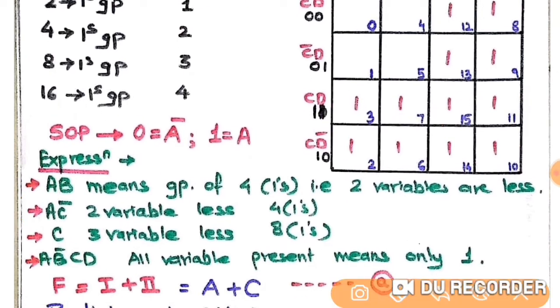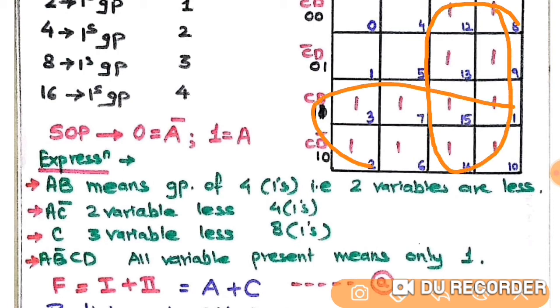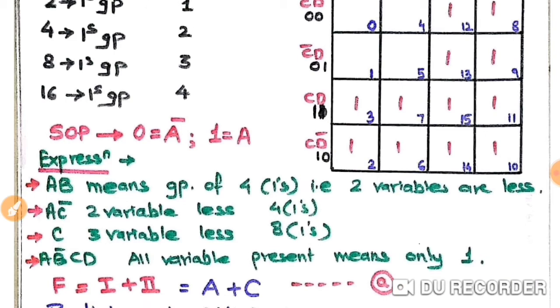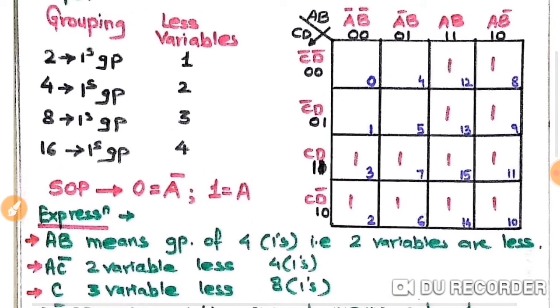I can write the function for this particular group and this particular group. This group I have made is group 1 and this group is group 2. So this 1 and 2 I have written here. F is equal to 1 plus 2, that is group number 1 plus group number 2.